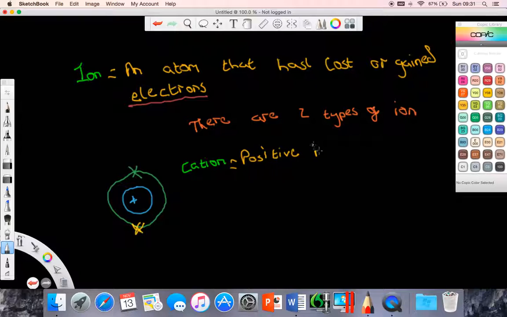Whereas an anion is a negative ion. Okay? Now, the important thing here is that we work out, or we learn, how an ion can become positive, how an atom can become a cation, or what makes a negative ion. How can an atom become an anion?